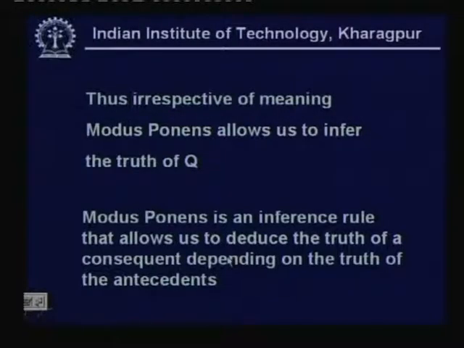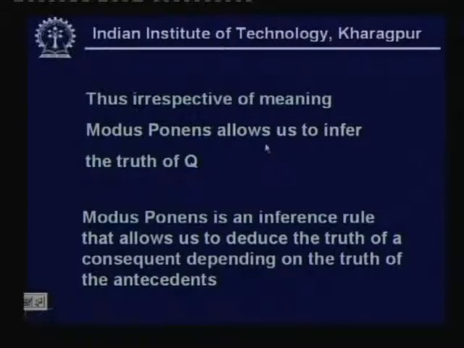We are talking of inference rules which can be mechanically applied, and these are irrespective of the meaning, that is the interpretation that we give. So modus ponens allows us, irrespective of whatever the interpretation is, to infer the truth of Q. So modus ponens is an inference rule that allows us to deduce the truth of a consequent depending on the truth of the antecedents. It is just a rule. Okay.